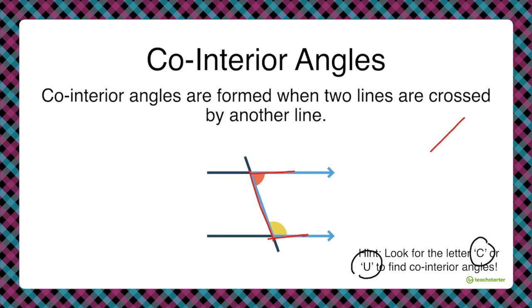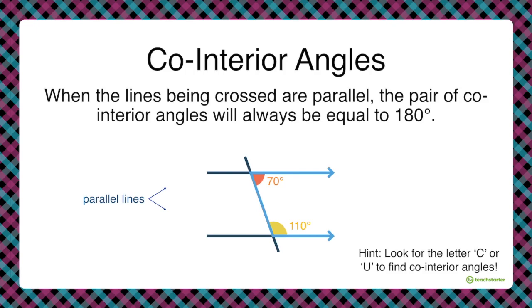Again, if the lines are not parallel, we can still have co-interior angles. But if the lines are parallel, the two angles inside will always add up to 180 degrees. Always. So if these lines are parallel, the two inside angles will always add up to 180 degrees.